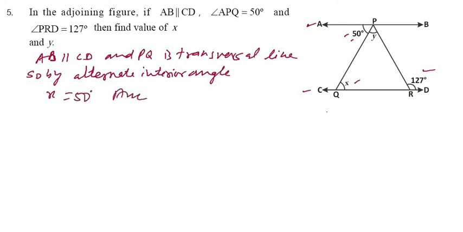Now what will happen? Once again you can write AB parallel to CD, and PR is a transversal line.